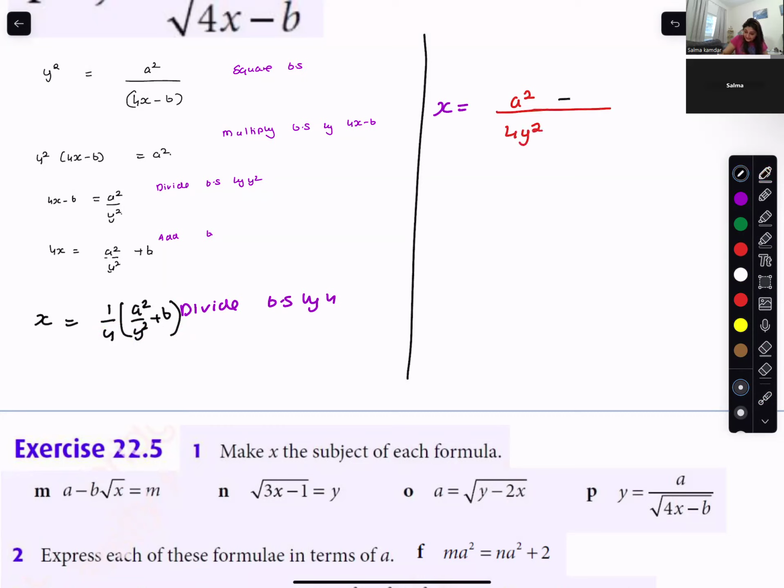So if I'm putting b below with 4y square, I have to put 4y square on top also, so that they cancel off. So it can be written like this also. So my x will be equal to a square plus 4by square upon 4y square. Just pause the video, rethink, redo, and then go ahead.